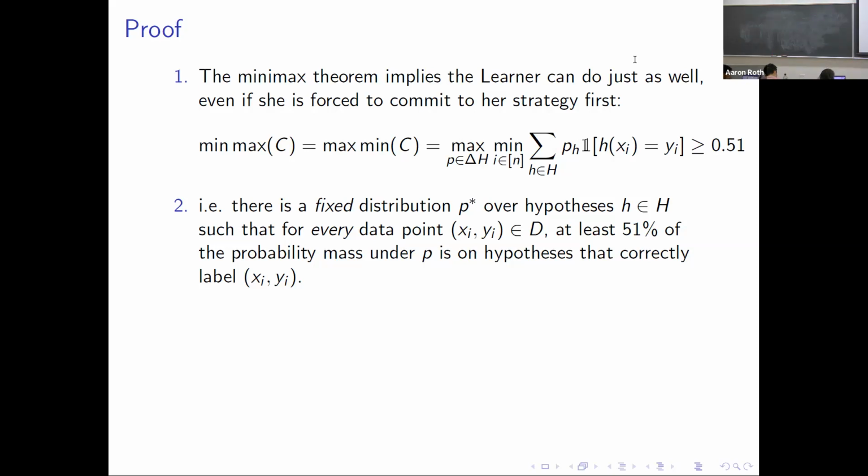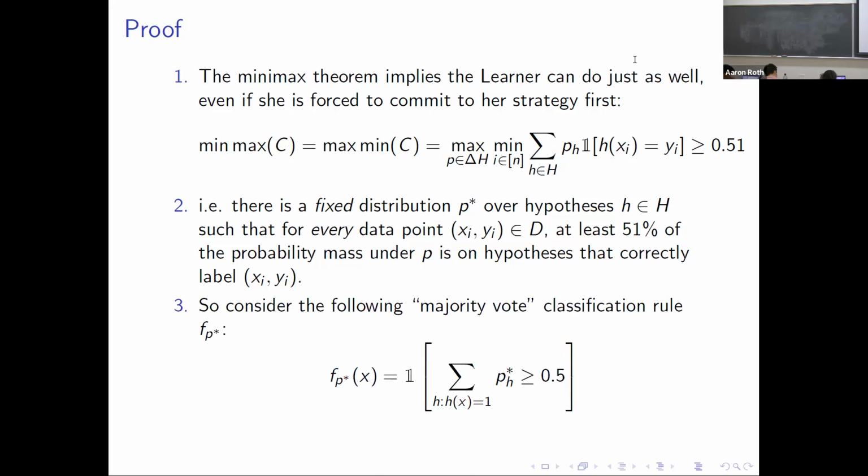However, consider the following classifier. Suppose I compute this vector P star, this distribution over hypotheses. I can do that. That's just the min-max equilibrium strategy for this game, for the learner. I'm going to use this probability vector, this distribution over hypotheses, to define a majority vote classifier. What am I going to do?